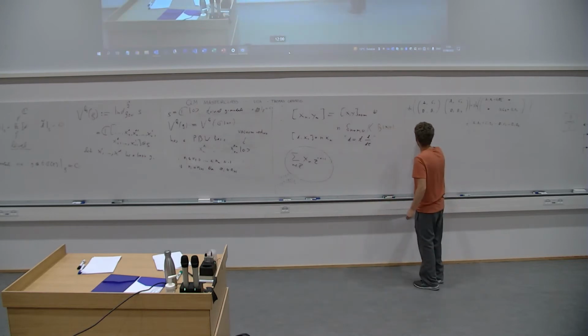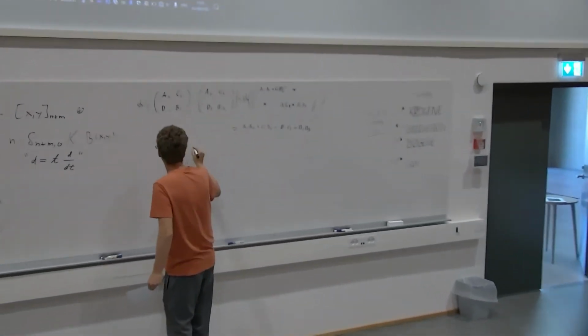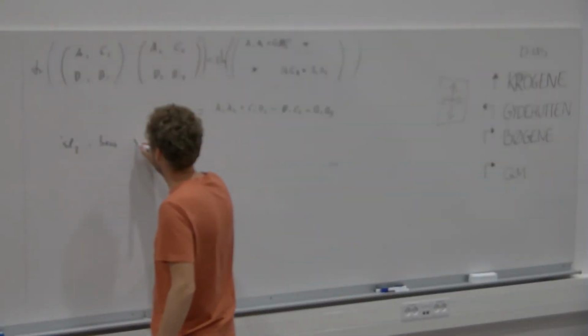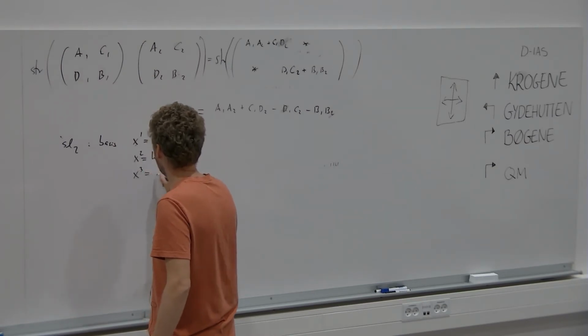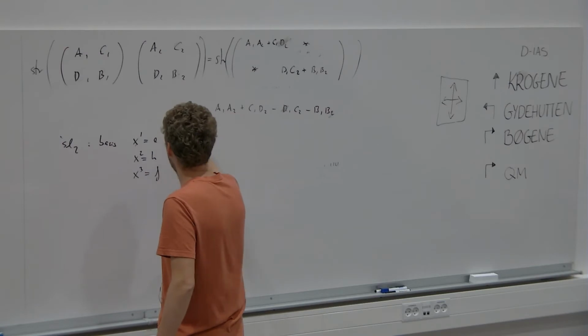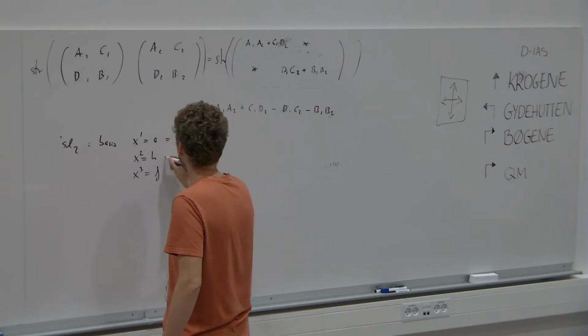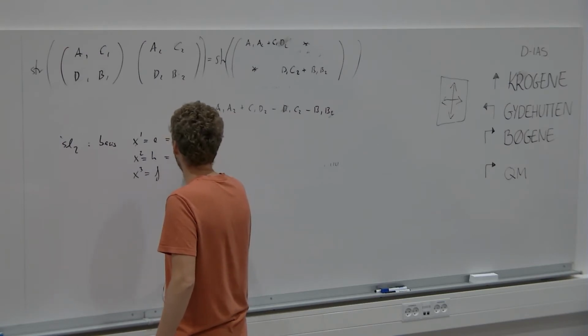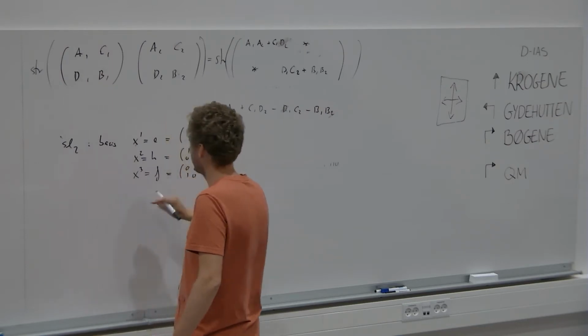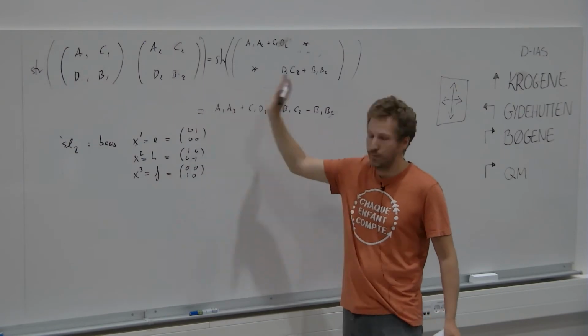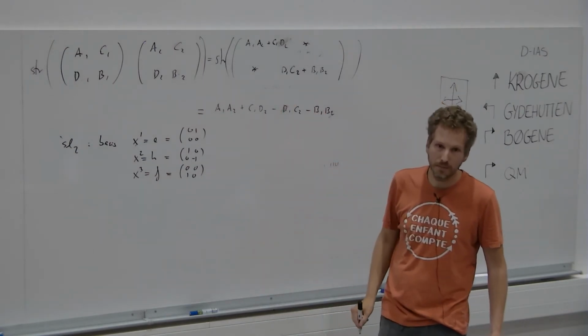We have SL2, which has a standard basis. It's three-dimensional, and maybe let me write it down. SL2 are traceless 2 by 2 matrices, and this would be a standard basis, and I fix any ordering on those, right?